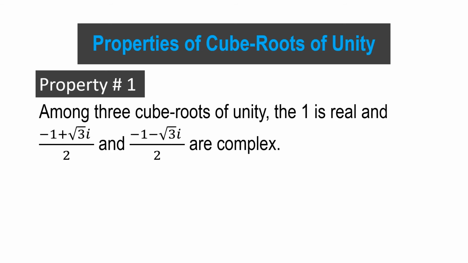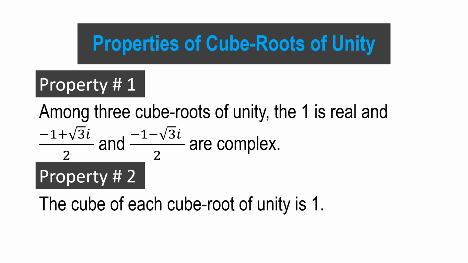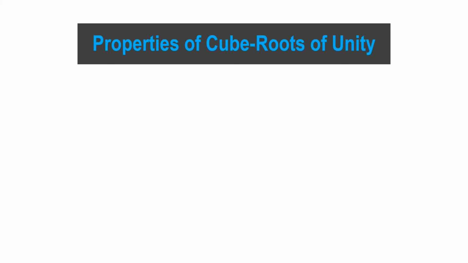Properties of cube roots of unity. Property number 1. Among three cube roots of unity, one is real and the other two roots are complex. Property number 2.